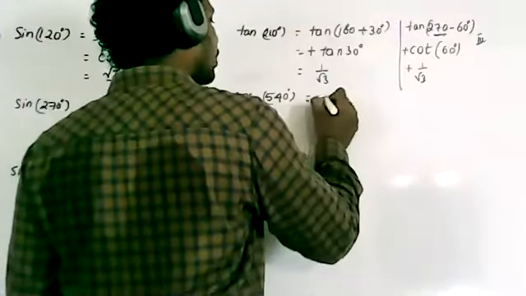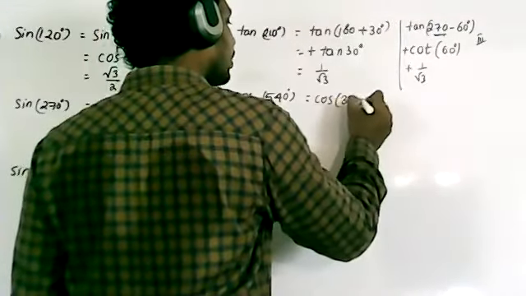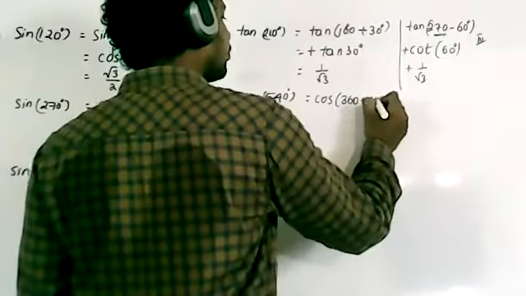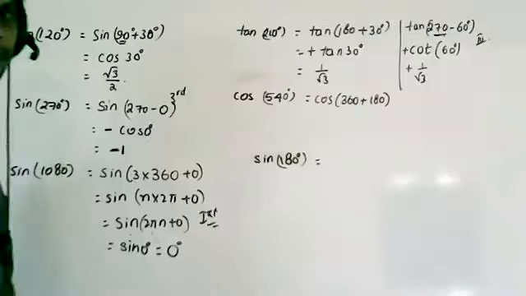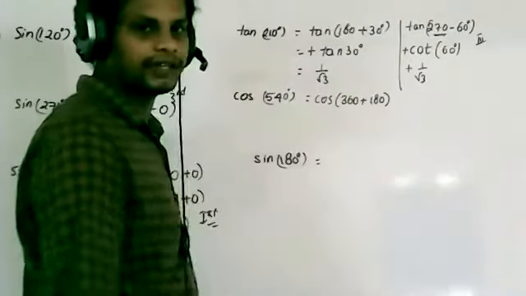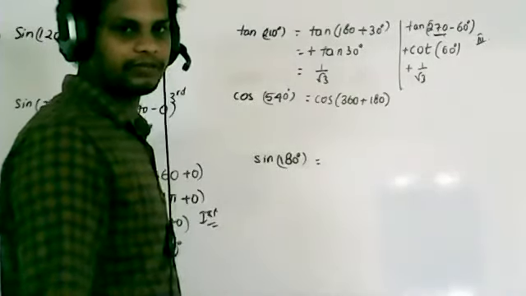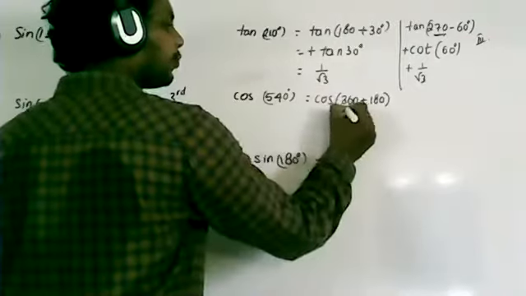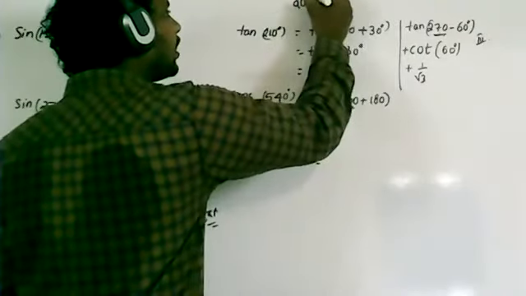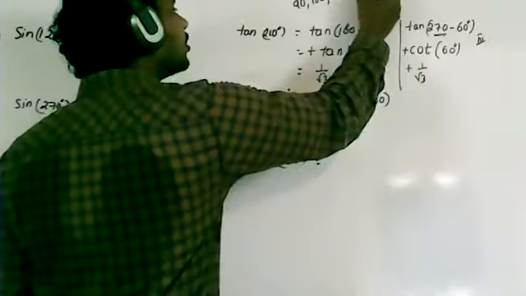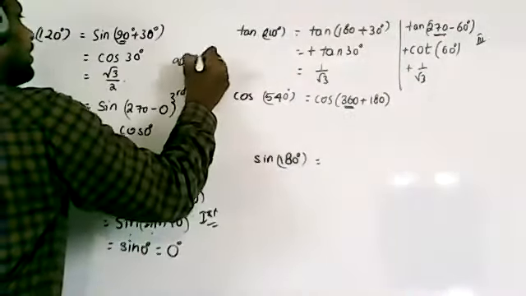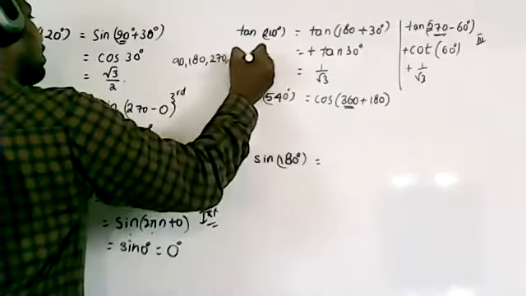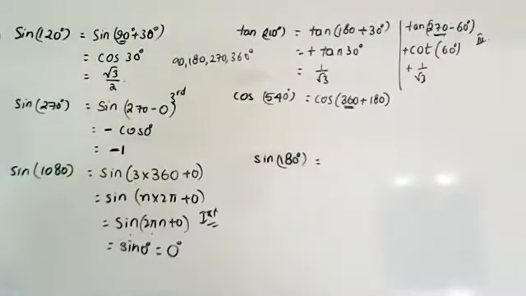For example, cos 540 can be taken as 360 plus 180. Or else you can do 720 minus 180 also, no problem, but always we have to express in terms of 90, 180, 270 or 360, then it will be very easy to modify. So you can take this as cos 360 plus 180.